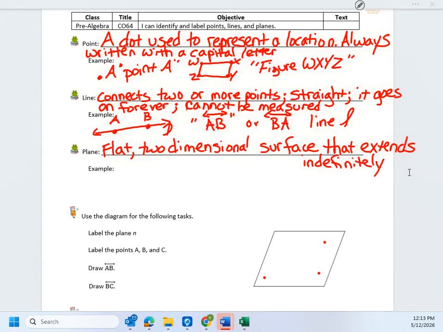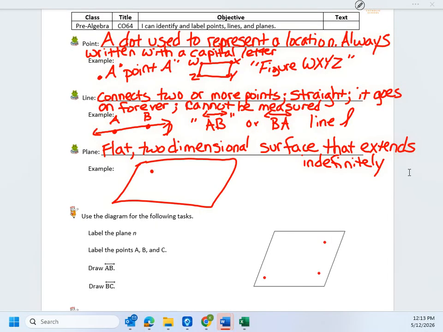Just like that line goes on forever, a plane will go on forever. But when we draw it, we can't draw it going on forever. So a lot of times when you see a plane, it will be like in a box.